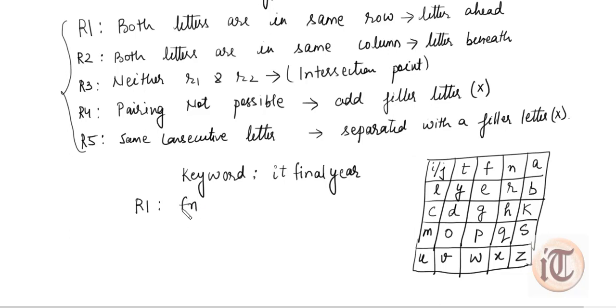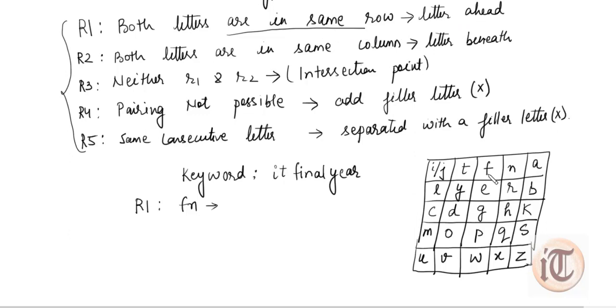F and N are in the same row. So the first rule says if both plain text letters are in the same row, then we take the letter ahead of it.